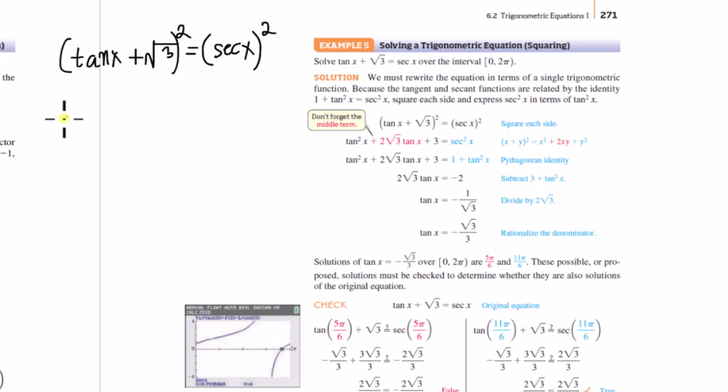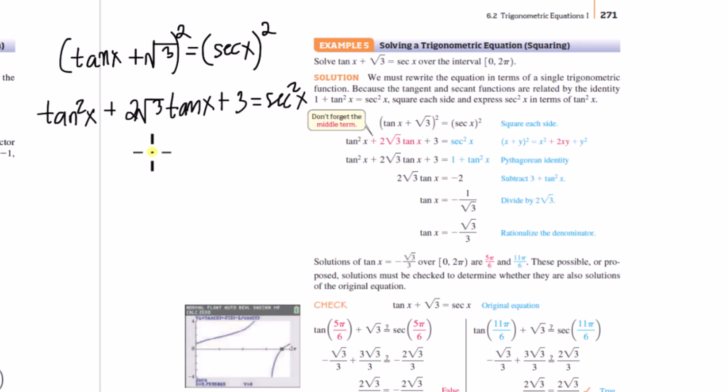That's just something to keep in mind. So, all right, you have tangent squared of x plus root 3 tangent x plus root 3 tangent x plus 3 is equal to secant squared x.